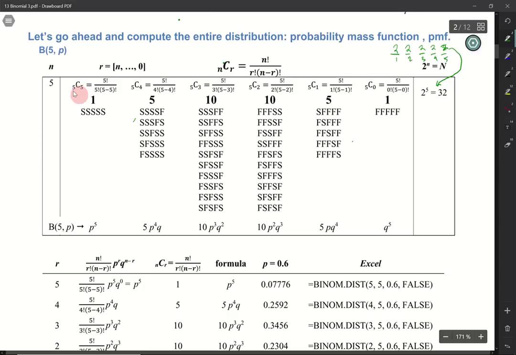So this C55 is, if there are 5 trials, tell me how many there are if there are 5 successes. And there's only one. So the answer is 1, and that means there's only one group like that.